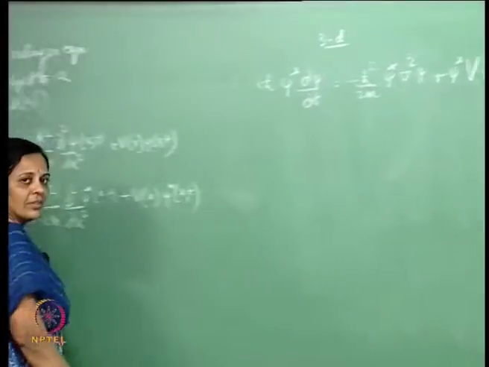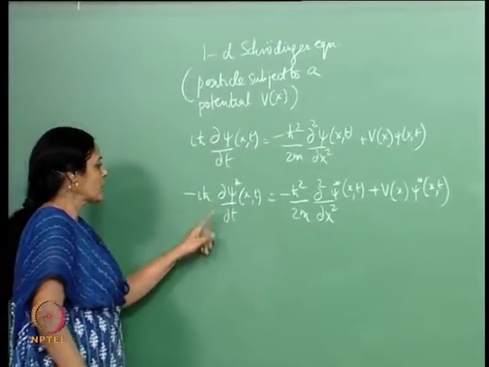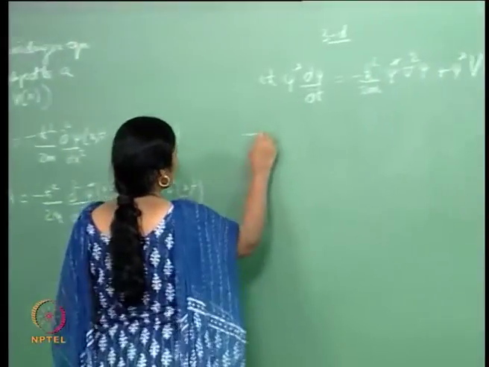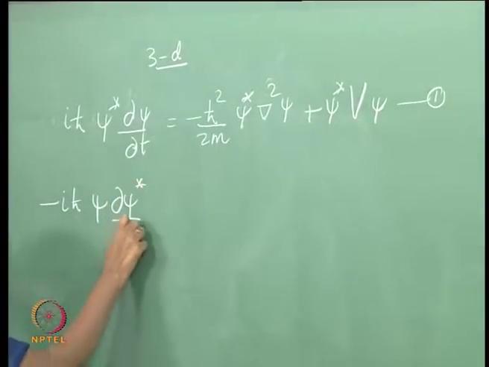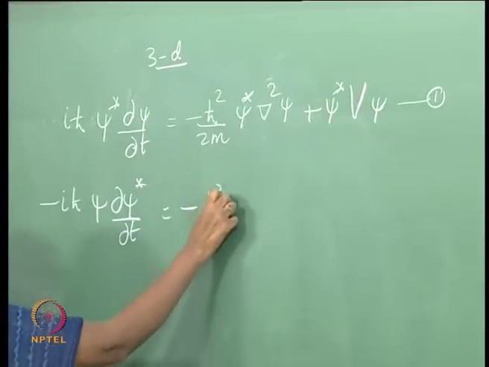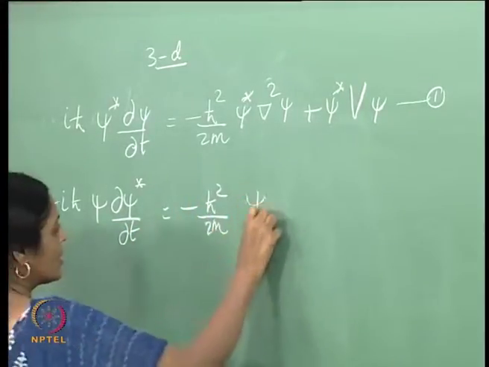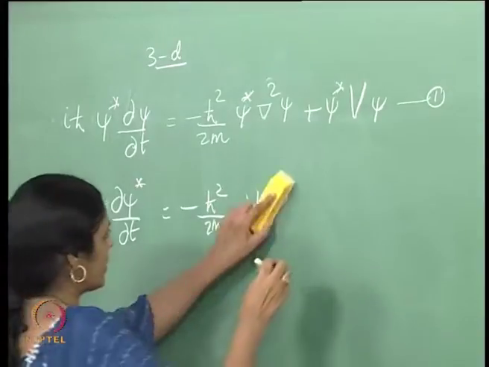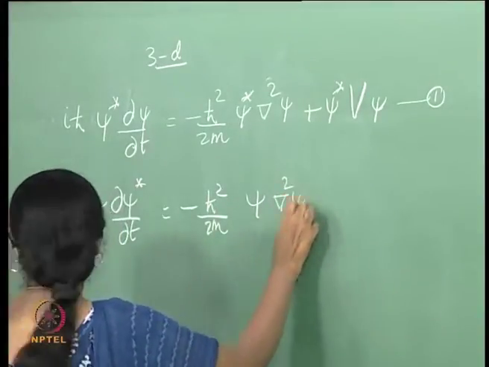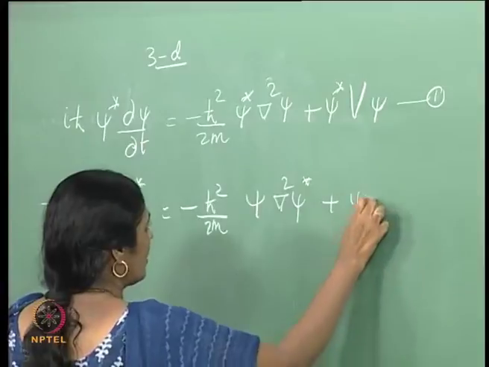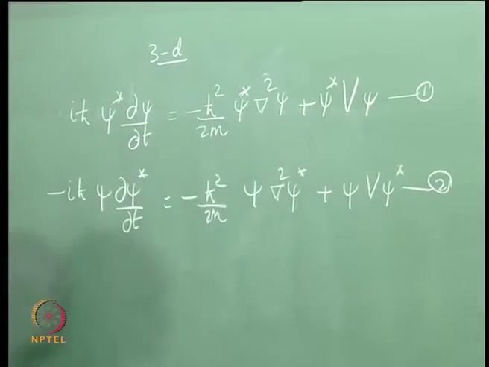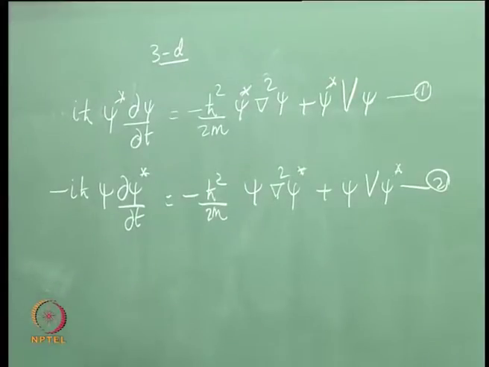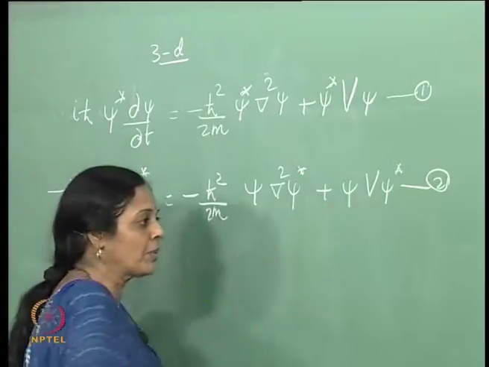The second equation, I can just multiply this by psi, and I have minus i h-cross psi delta psi star by delta t is minus h-cross squared by 2m psi del squared psi star now, plus psi V psi star. That is my second equation. Now remember that psi is a scalar function of x, and so is V in the position representation.